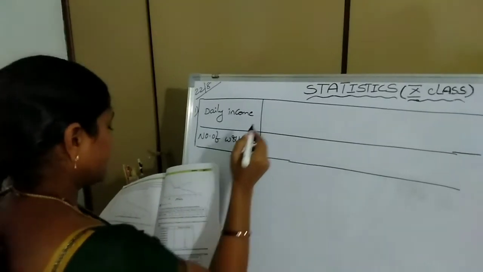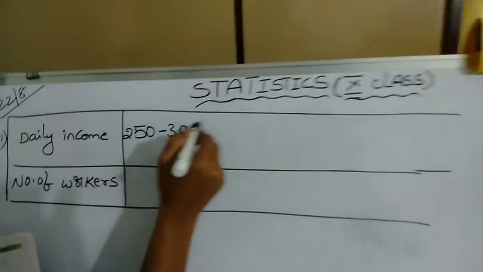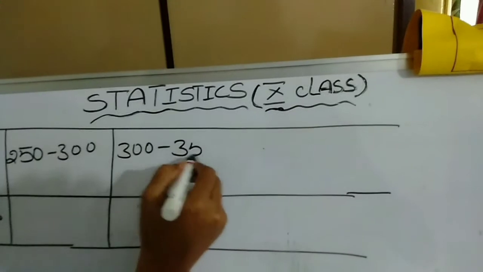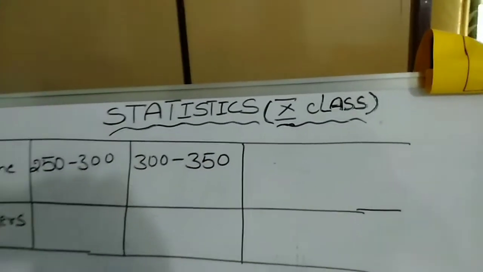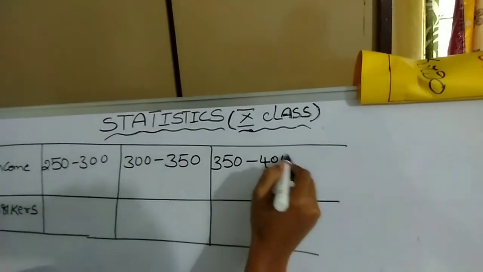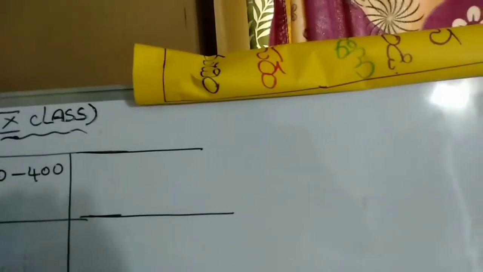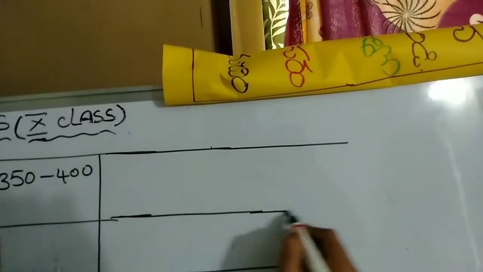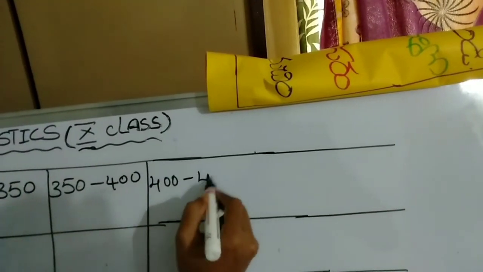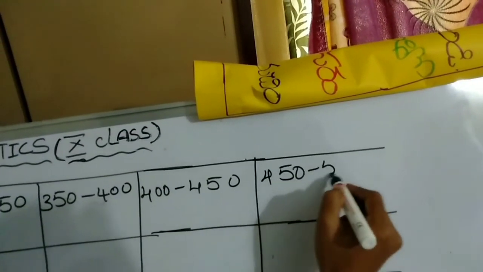Daily income in rupees: 250 to 300, 300 to 350, 350 to 400, 400 to 450, 450 to 500.